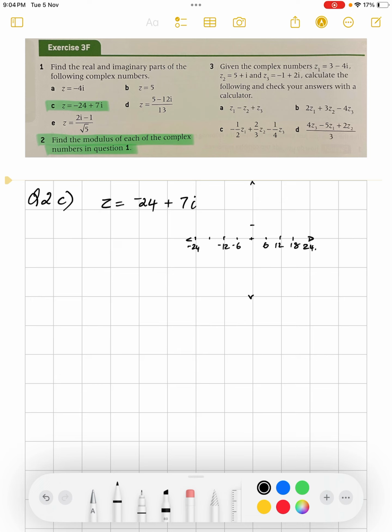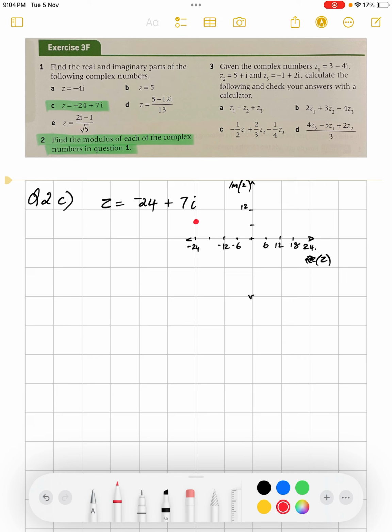This is the imaginary component of z, and this is the real component of z. Well, let's find where this value is. It's negative 24, 7, so it is about here.